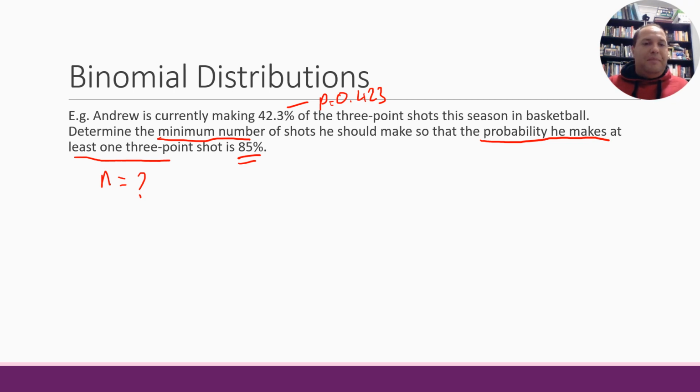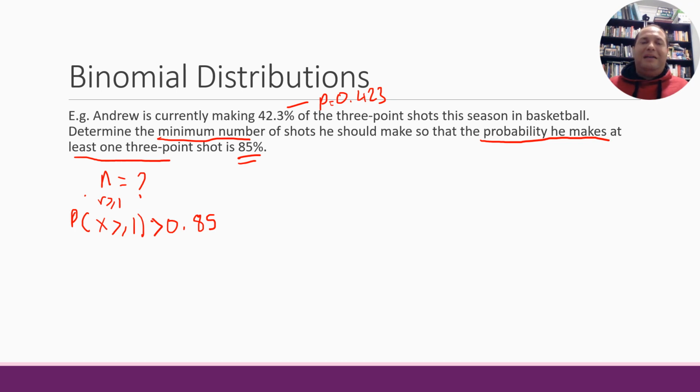All right. Now we're told we want R to be equal to or greater than 1. So my probability of x being equal to or greater than 1 needs to be greater than 0.85. Now, looking at how this formula is set out, it's all wrong.